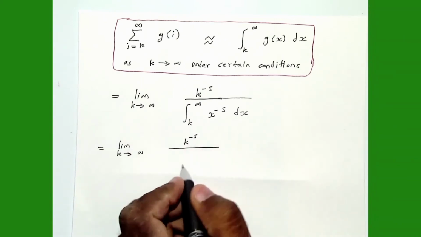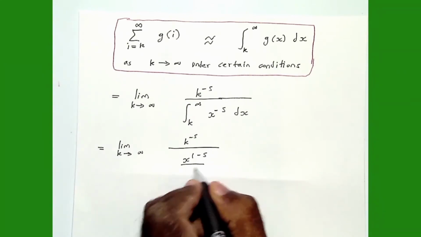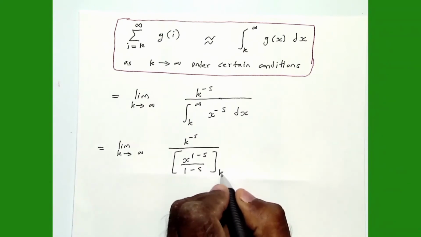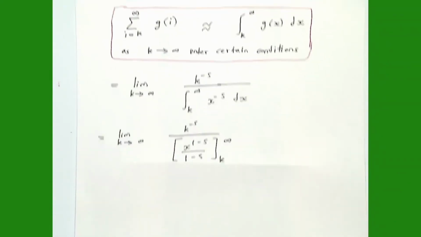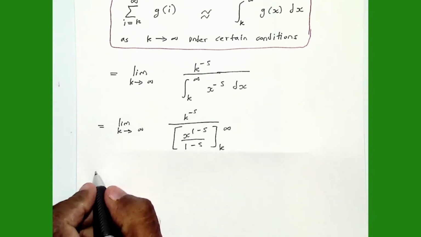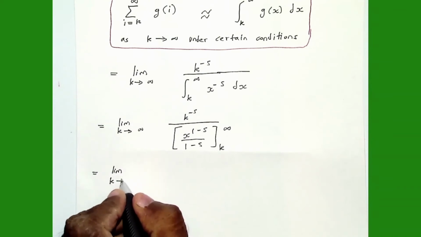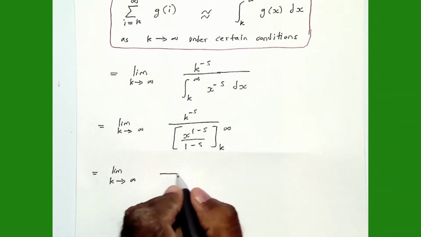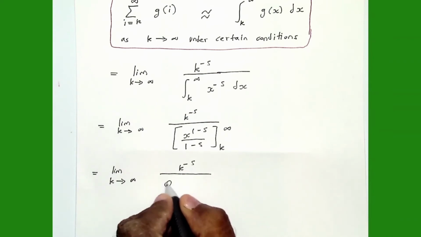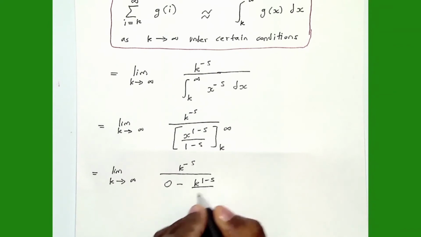The integral of this is easy. You get, taking the limit from k to infinity, at infinity it will be 0. At k, it will be this.